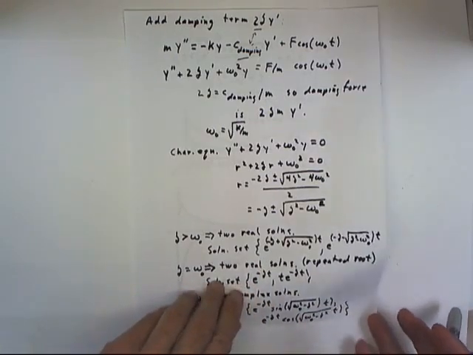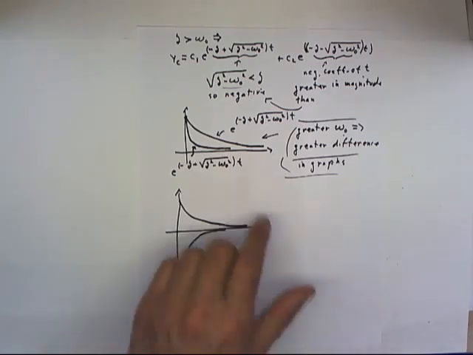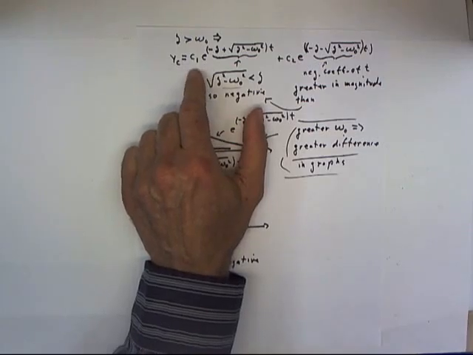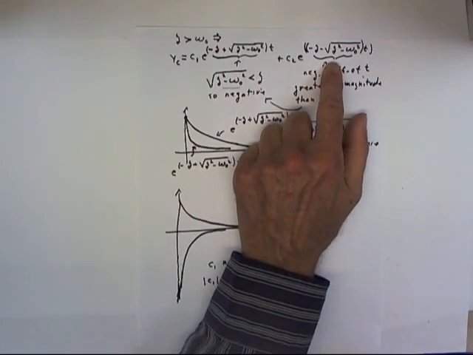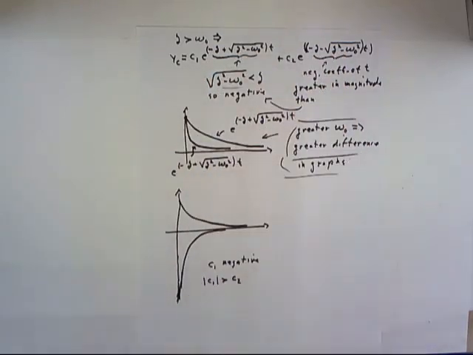So our characteristic solution then is going to be a linear combination of these two exponential functions. The coefficients of t between these two functions differ.